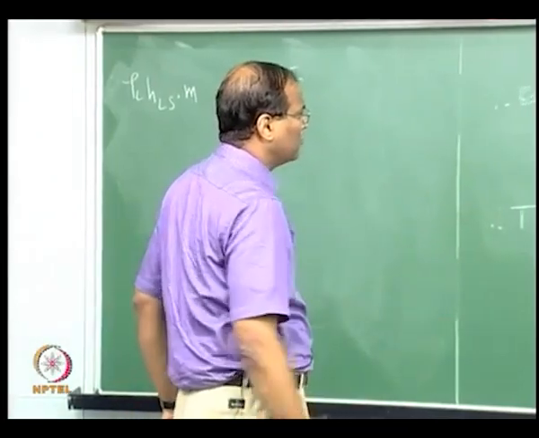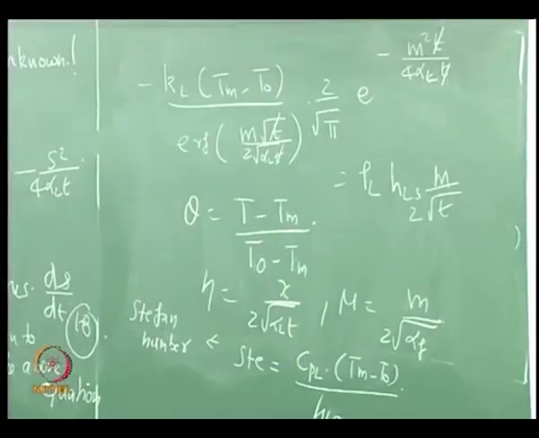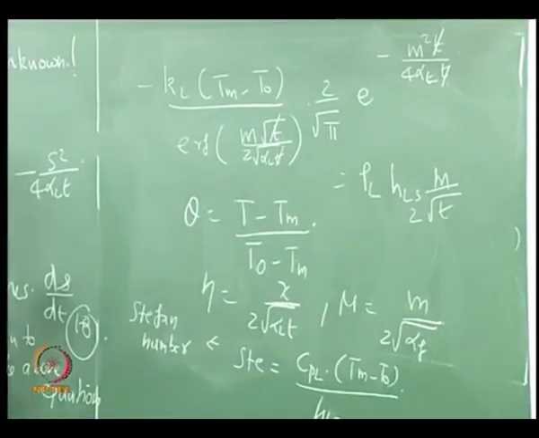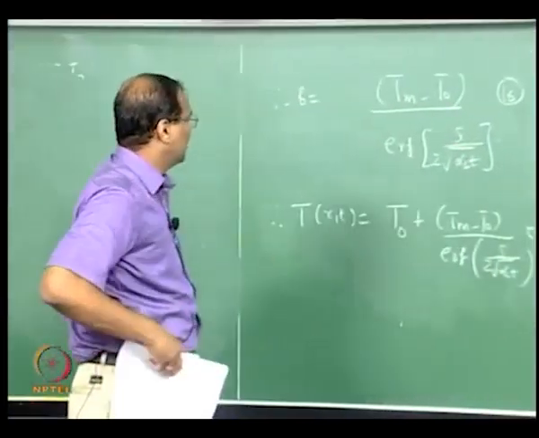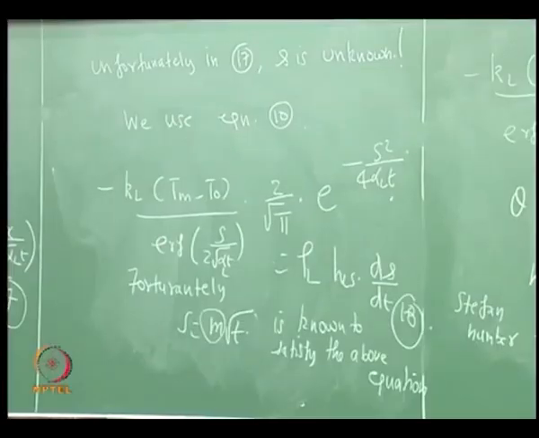Did we differentiate it properly? No. KL (T minus T naught) error function is 2 by root pi. What is the differential of the error function?